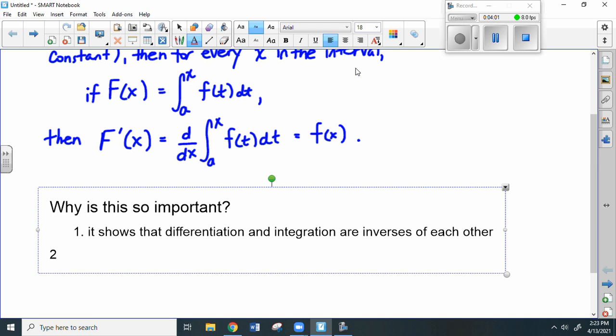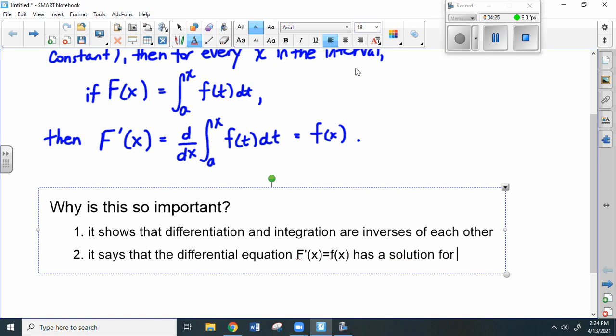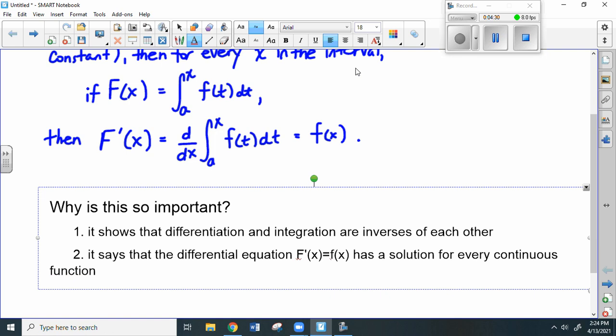In other words, you could say something like it says that the differential equation where capital F prime of x equals lowercase f of x has a solution for every continuous function f.